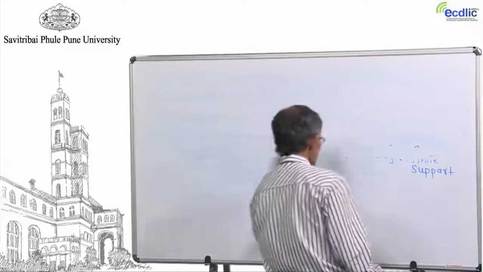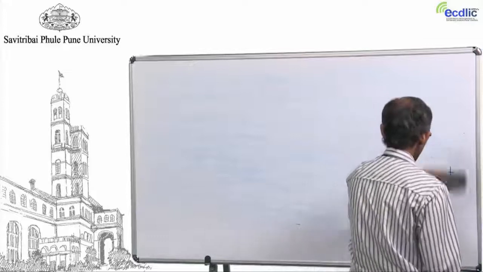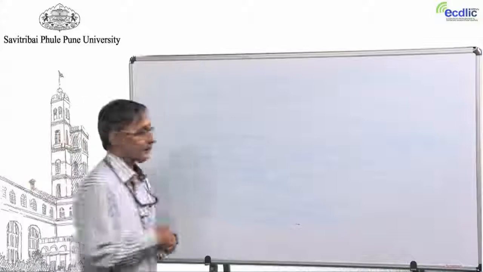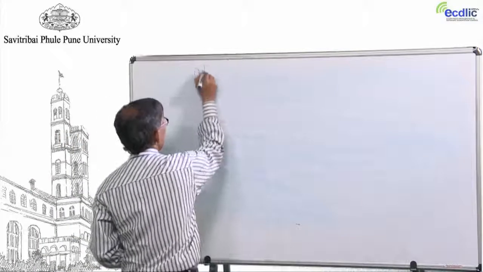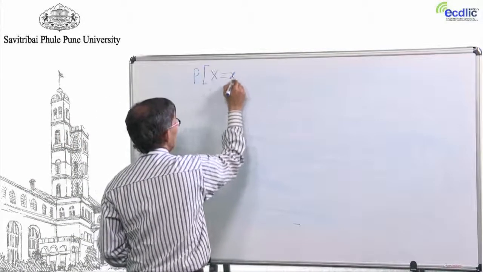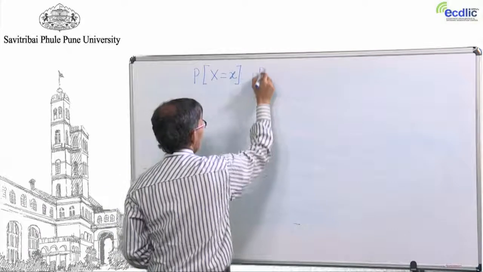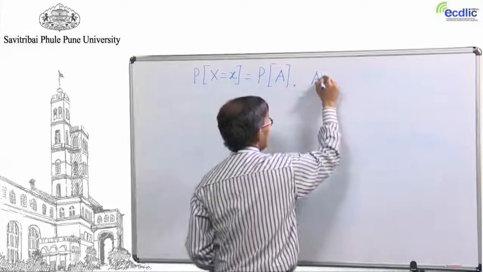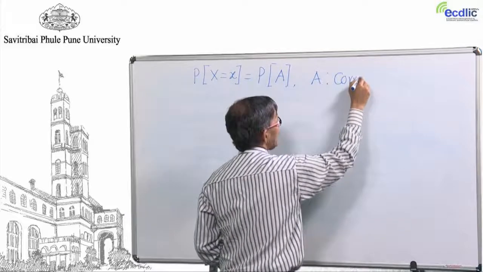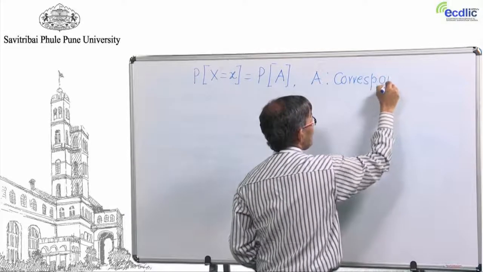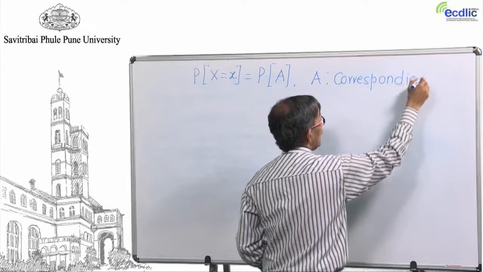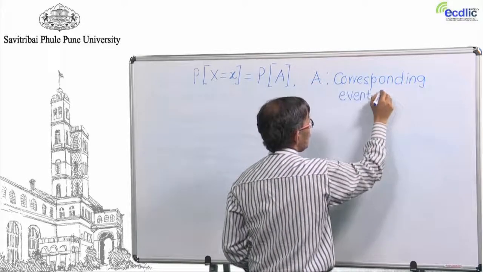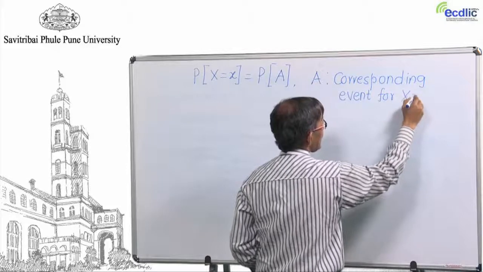Now, let us concentrate first on a discrete random variable. Yesterday we have seen that this is nothing but the probability of event A, where A is the corresponding event for X is equal to x.